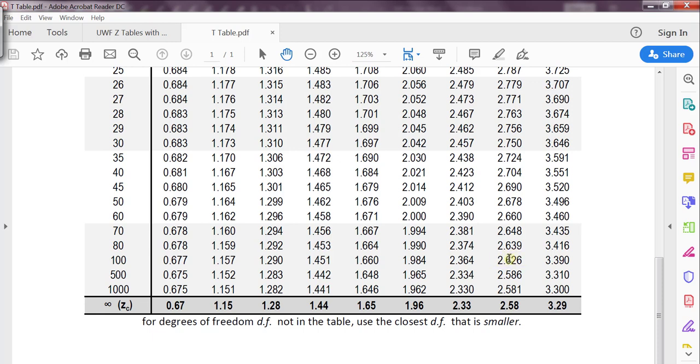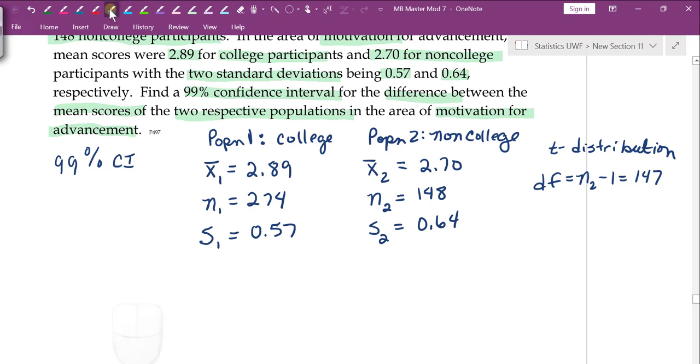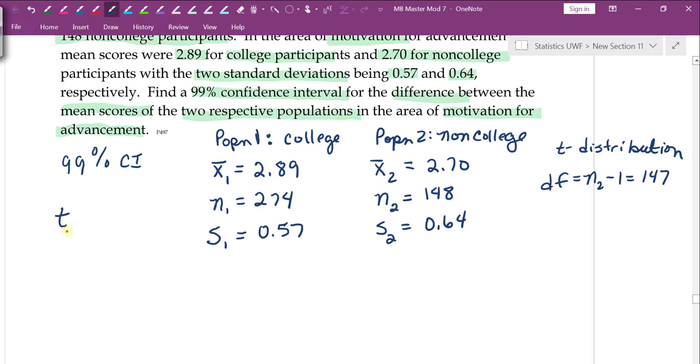So it's going to be 2.626. So 2.626 is what we're going to be using as our critical value for this particular problem. Okay, so our critical value is going to be 0.99, and our degrees of freedom, we really used 100, but we'll put 147 because that's what it was supposed to be, and that is equal to 2.626.